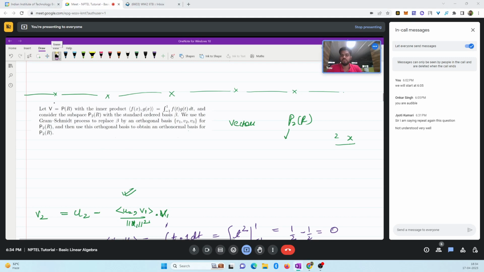ठीक है, तो हमें करना क्या है? अब हम लोगों ने जो वेक्टर्स के लिए ग्राम स्मिथ प्रोसेस लगाया था, वो हमारा R^n स्पेस था, राइट? उसमें वेक्टर्स थे हमारे पास। Now what vector space we have is P2 over R. P2 over R क्या होता है? पॉलिनोमियल्स अप टू डिग्री 2। So you know what are polynomials, right?